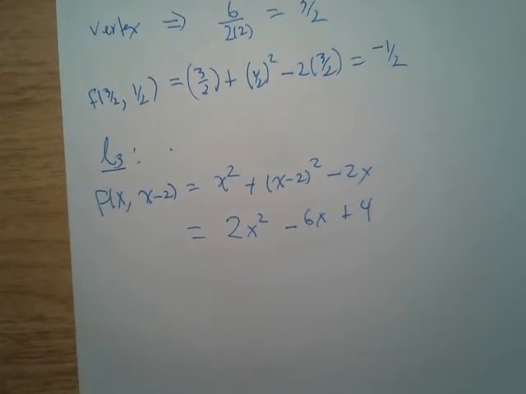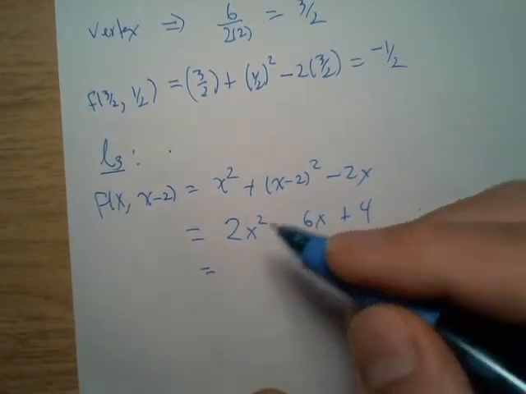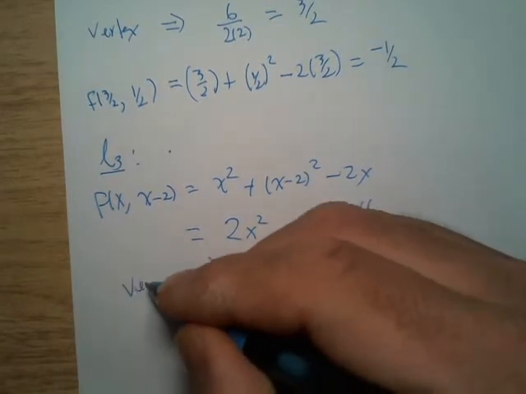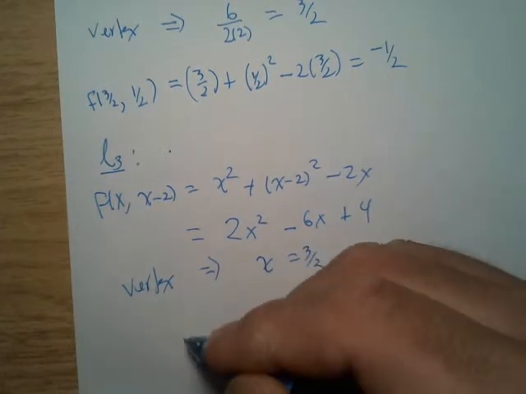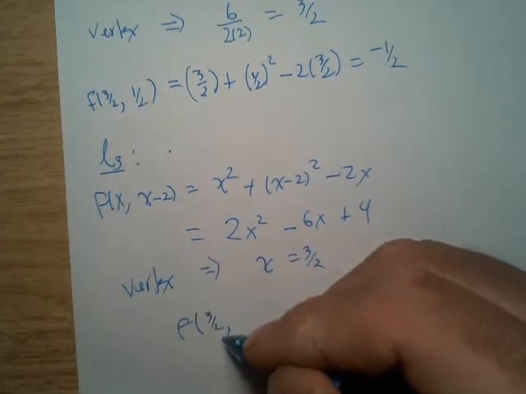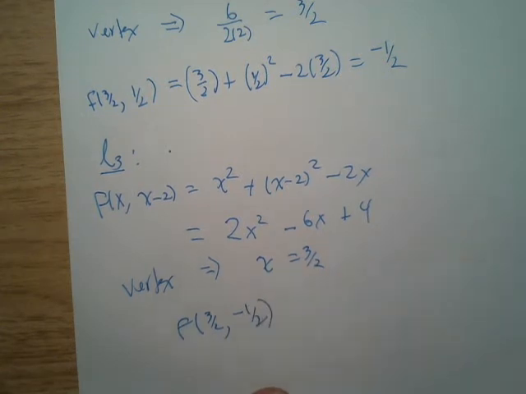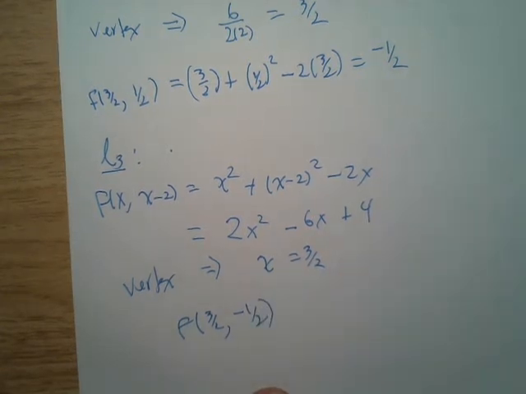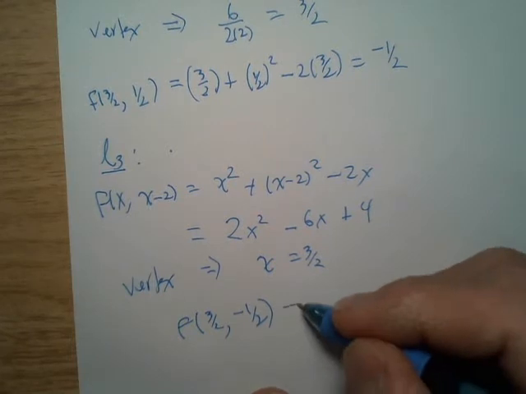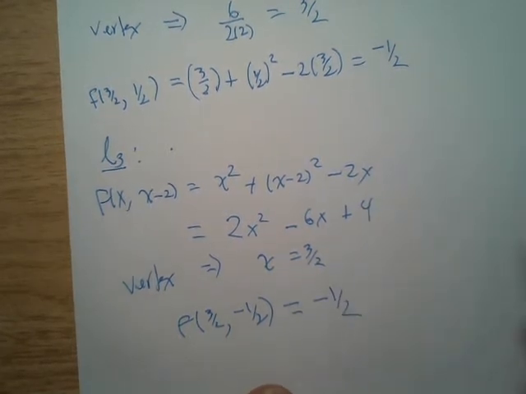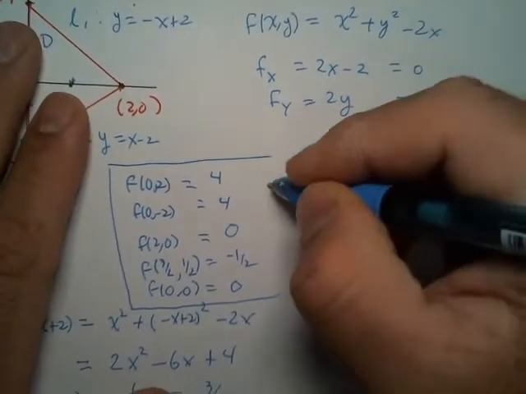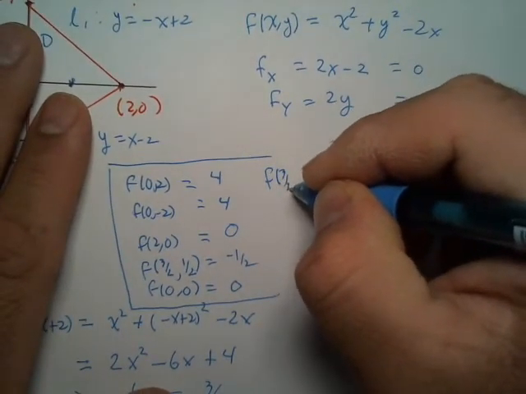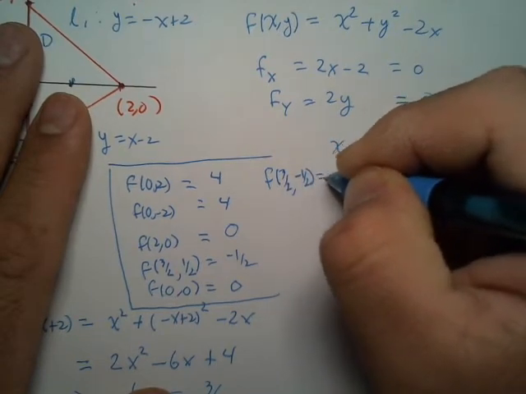It looks like the same quadratic as before, so we have a vertex occurring again at 3/2. In this case, f of (3/2, -1/2) is equal to negative 1/2.